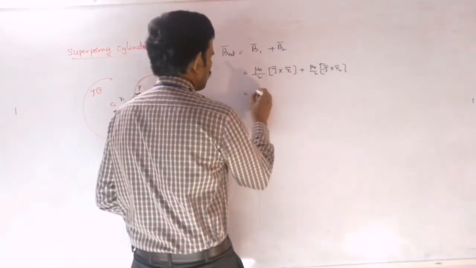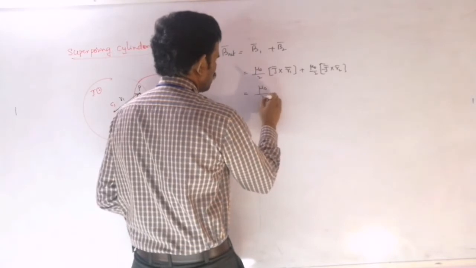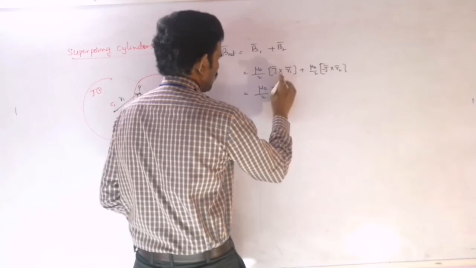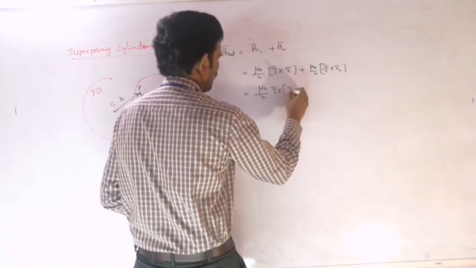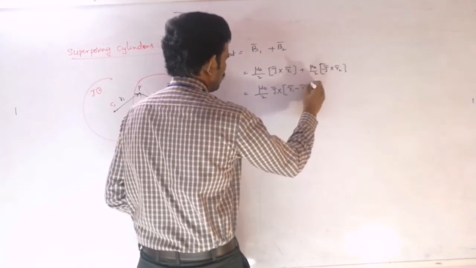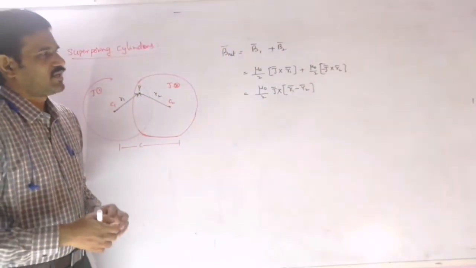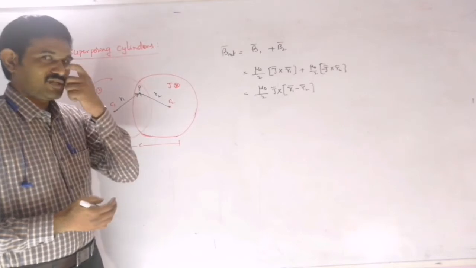So then we can write mu naught by 2 into J bar, taking it common, cross R1 bar minus R2 bar, right? That is similar to the term in the cavity derivation.